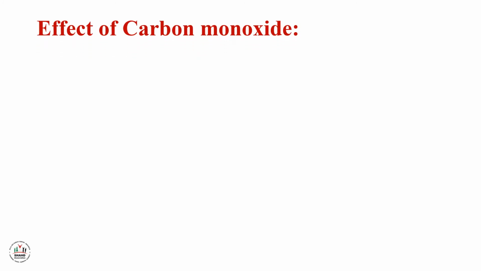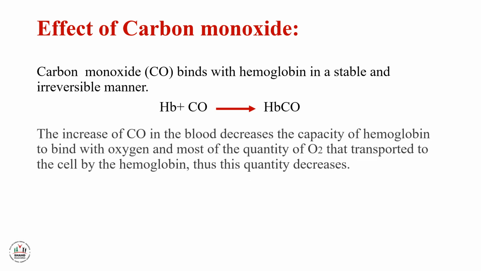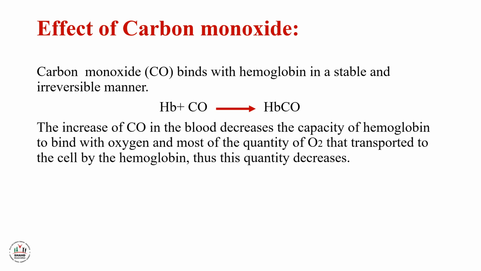Effect of carbon monoxide. Carbon monoxide CO binds with hemoglobin in a stable and irreversible manner. فإذا الكربون مونوكسيد بيعمل باين مع الهيموغلوبين بيكون stable و irreversible يعني باتجاه واحد. The increase of carbon monoxide in the blood decreases the capacity of hemoglobin to bind with the oxygen and most of the quantity of oxygen that is transported to the cell by the hemoglobin.